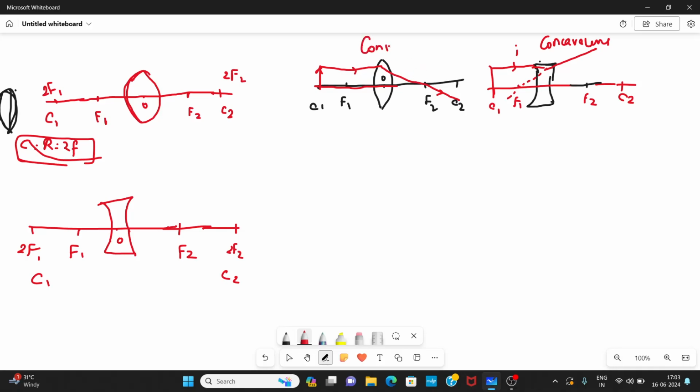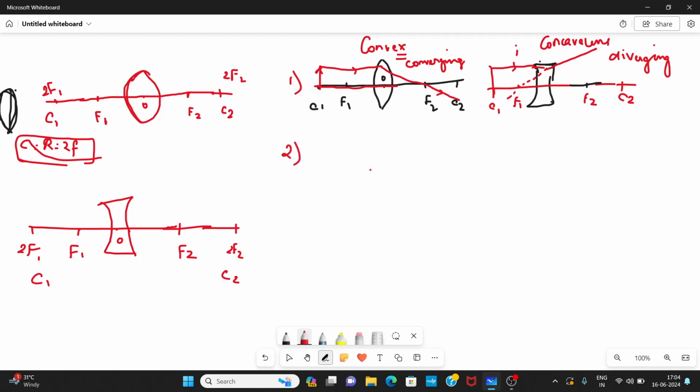In other words, your convex lens is converging and concave lens is diverging. This is just the opposite of your mirror. In case of your mirror, concave mirror is converging, whereas here concave lens is diverging. This is the first case.